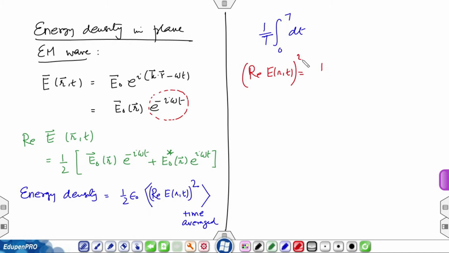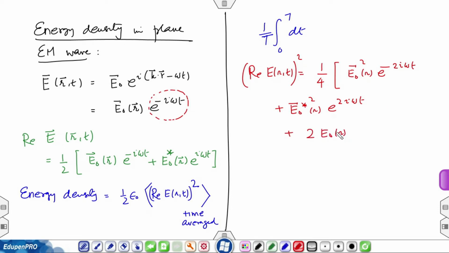Now, real E(r,t) square is equal to 1/4 of, you multiply, you are going to get E_0(r) square e^{-2iωt} plus E_0*(r) square e^{2iωt} plus 2 E_0(r) E_0*(r), that is it.